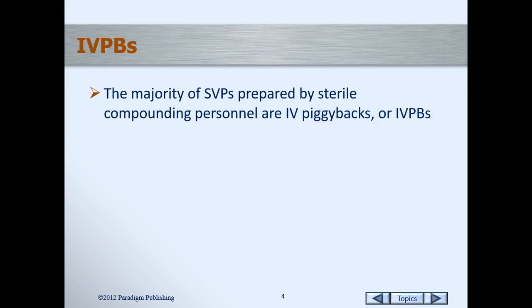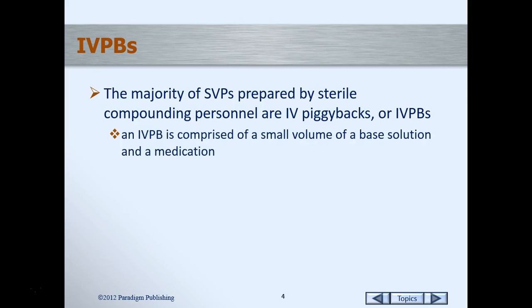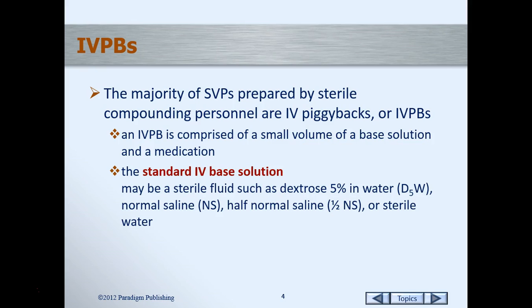The majority of the small volume parenterals we compound will be IV piggybacks, or what are commonly known as IVPBs. A piggyback is comprised of a small volume of a base solution and an additive medication. The standard base solutions are the same or similar to the large volume parenterals.